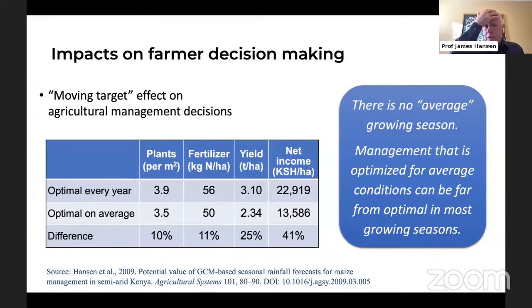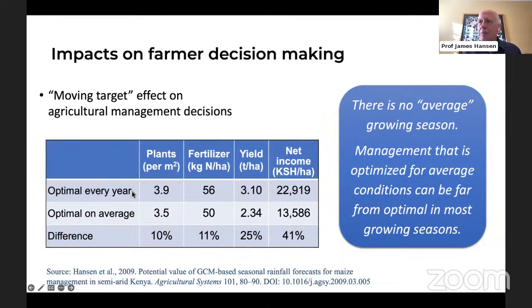The management options that we looked at were planting density, how many plants per square meter, and fertilizer rate, how many kilograms of nitrogen per hectare in a particular growing season and a particular time of year in a particular location in Kenya. So the first row shows average plants per square meter, fertilizer rates, yields, and net income, Kenyan shillings per hectare.